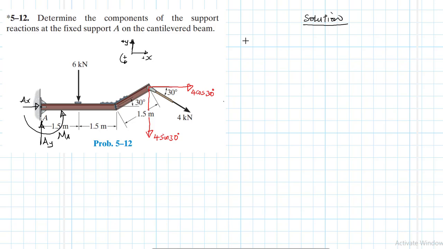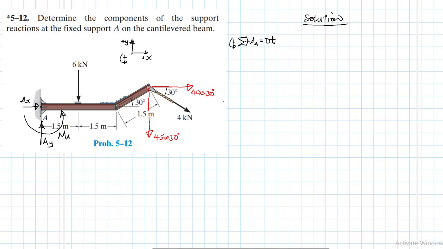So we can start with finding the moment. We are going to take moments about point A. So the summation of moments about point A equals 0, with anti-clockwise being our reference moment.